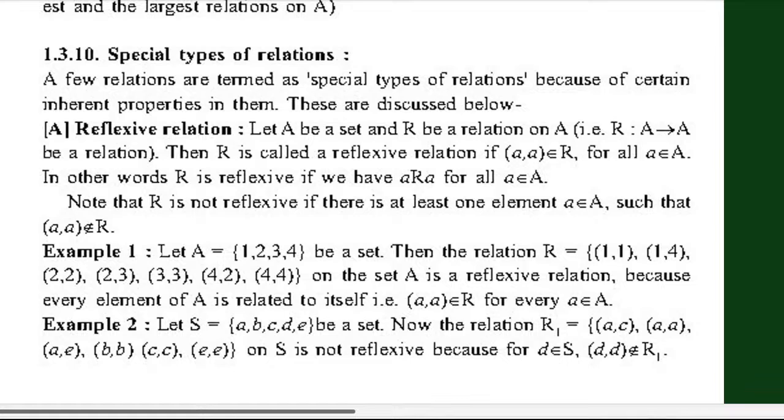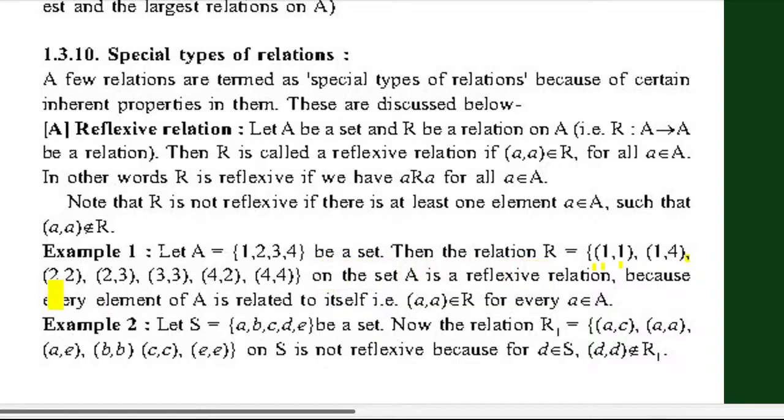For example, let A be {1, 2, 3, 4}. Then the relation R = {(1,1), (1,4), (2,2), (2,3), (3,3), (4,2), (4,4)} on set A is a reflexive relation.